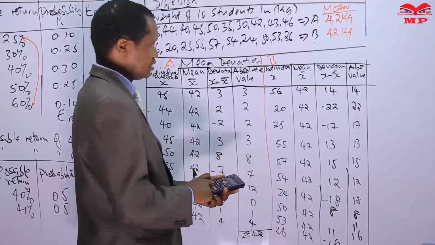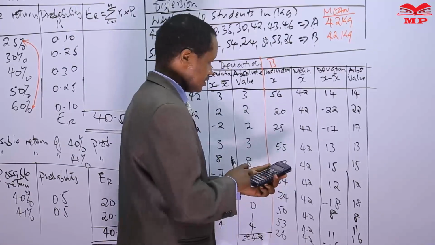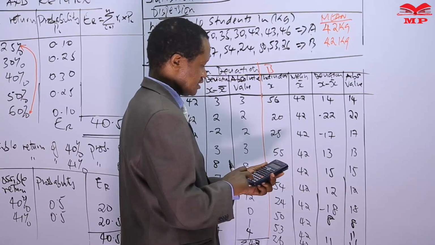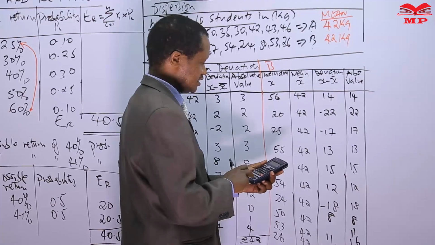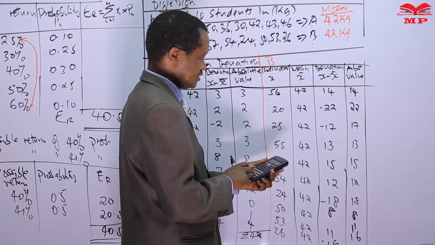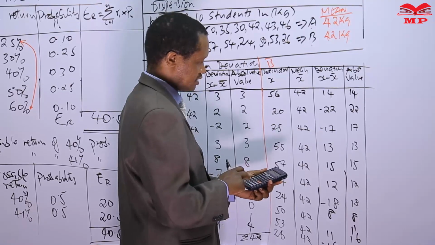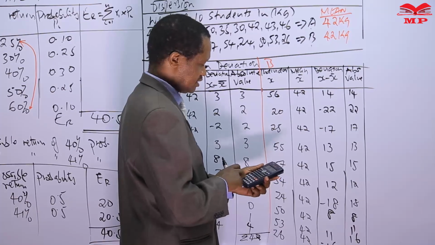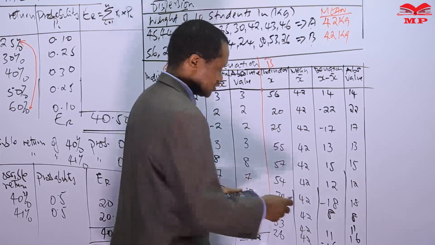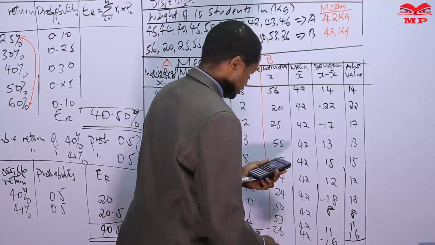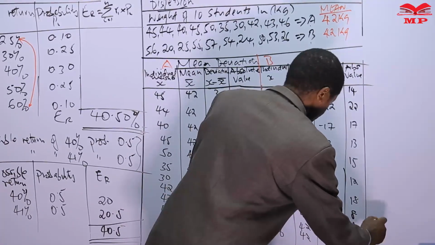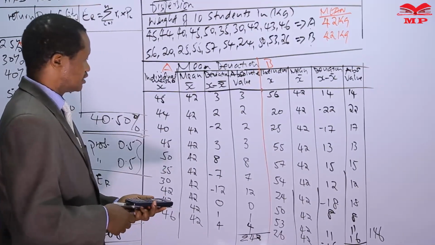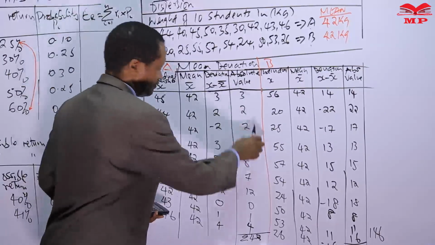So we add the absolute values under class B: 14, add 22, add 17, add 13, add 15, add 12, add 18, add 8, add 11, add 16. The total there is 146 under class B.